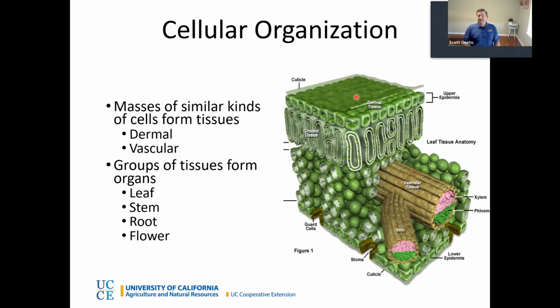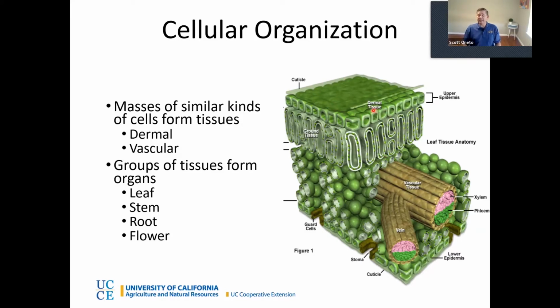And so in this case, this is just a depiction of a leaf. From the top of this diagram down, we basically have from top to bottom of a leaf, and it shows some of the different organizational layers of that leaf. It's kind of like a cake, and all of the different layers of that cake. And so, if we start at the top of this leaf here, this is what is called the dermal tissue.